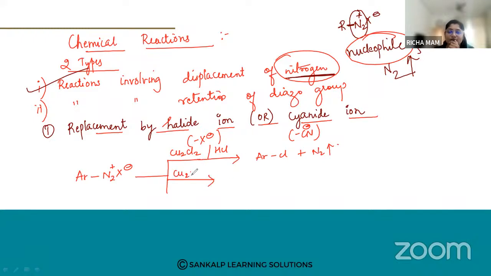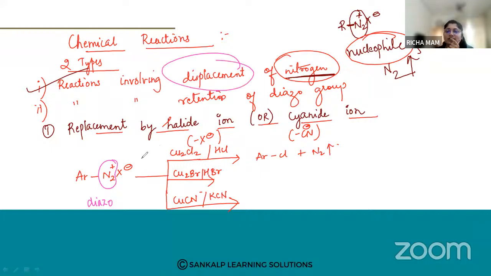If I take Cu2Br2 and HBr, what will be the product? If I take CuCN and KCN, can anybody tell me the second product? What I'm going to do is take this N2+ group, that is our diazo group, and displace it by a nucleophile.